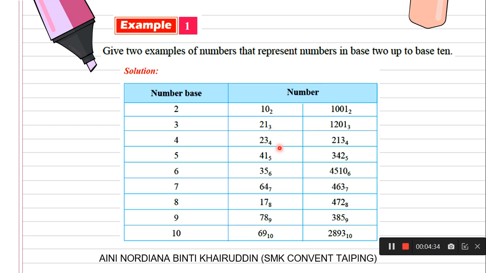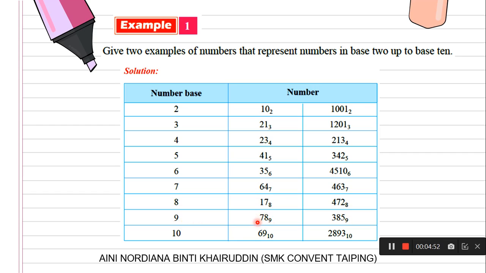So have a look at all the examples. Okay, so all of these, for example, base 9 only consists of digits 0 until 8.